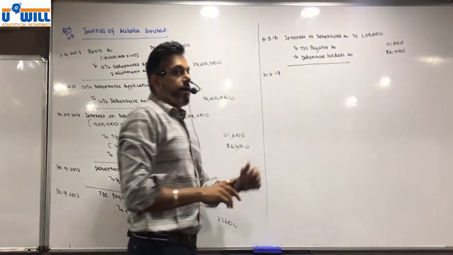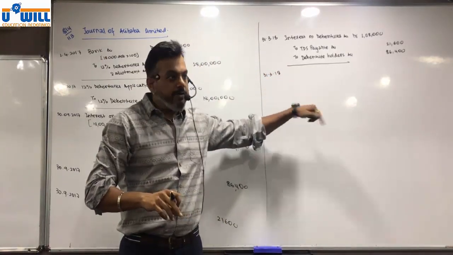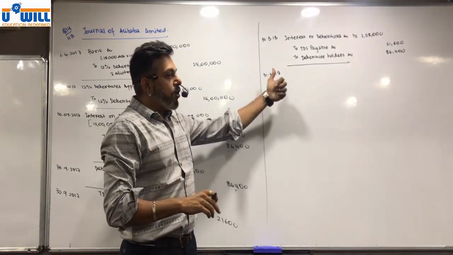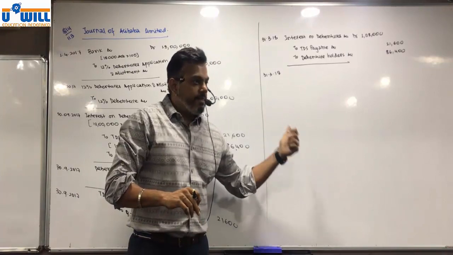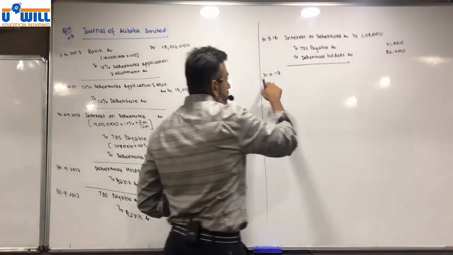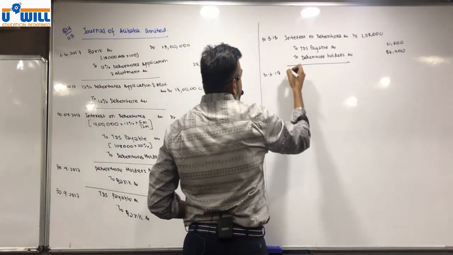31/3/2018. Now if we are paying, then interest expense is incurred and we paid that interest expense. If we are not paying in this year, then it becomes outstanding interest. Now 31/3/2018 we are paying this.